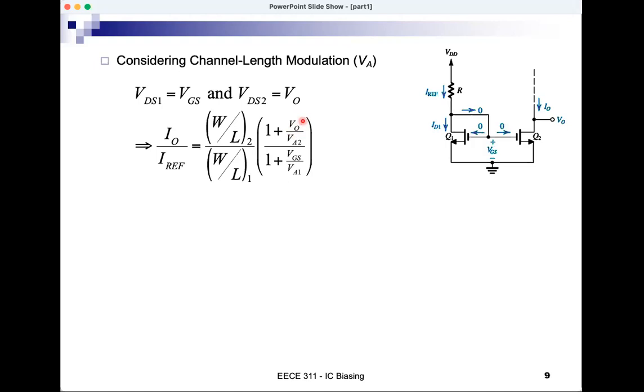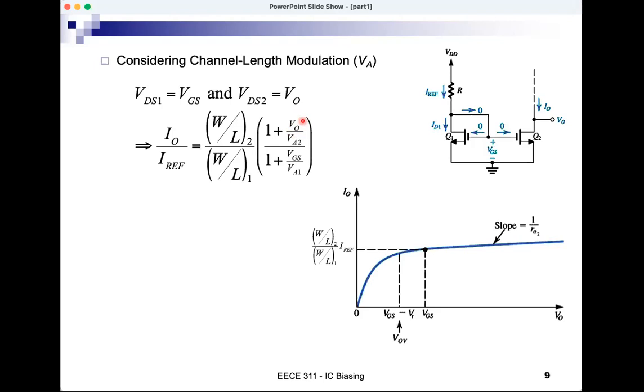Fine, maybe it's not a big deal. Let's see. If I simulate the circuit in SPICE and plot IO versus VO, what I'm hoping for is that IO would be fixed, would not depend on VO, because I'm trying to build a current source.